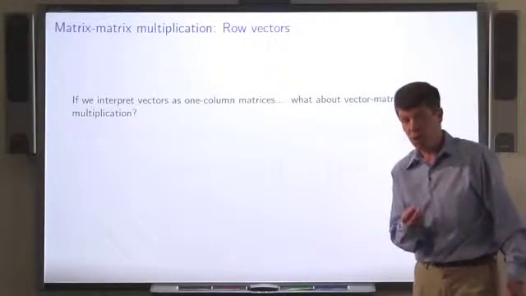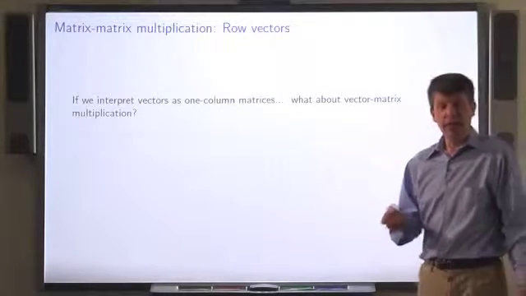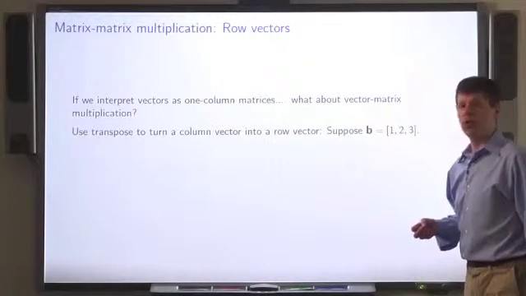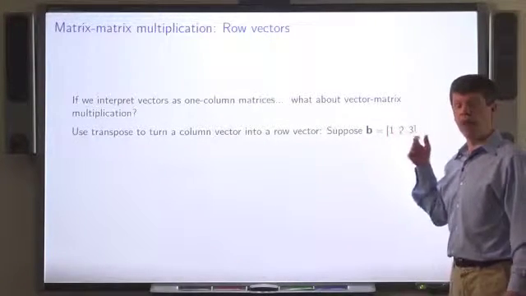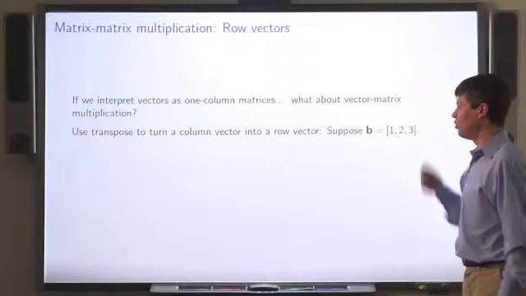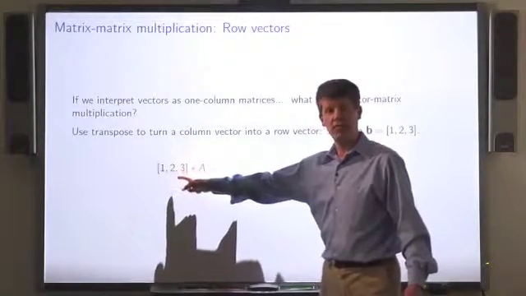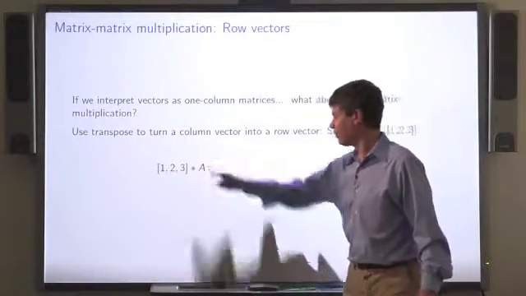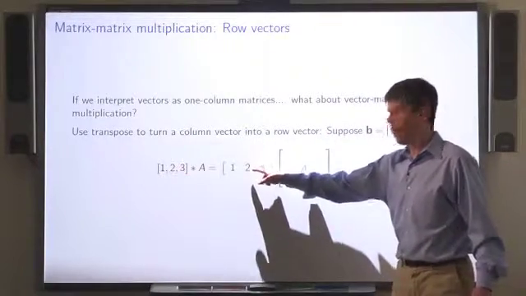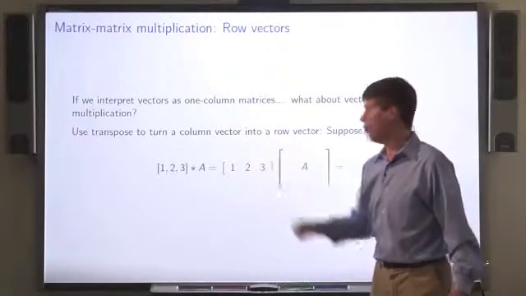Now, if we interpret vectors as one-column matrices, how are we going to get a vector-matrix product? We use the transpose. We can turn a column vector into a row vector. So suppose you have the vector B, 1, 2, 3, and you want to take the product of this vector with a matrix. Consider this vector as a row matrix, that is, a matrix with only one row.